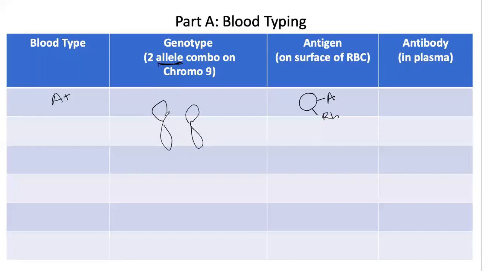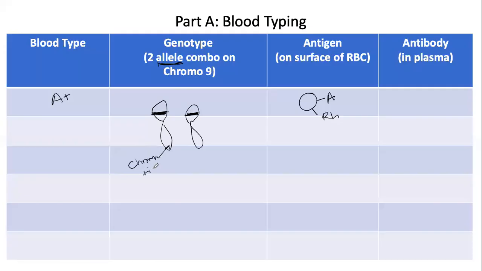That's chromosome number 9. Let's say blood type is coded for right here. This gene codes for blood type. This is chromosome number 9, but this is one of the pair. So this is called a chromatid.